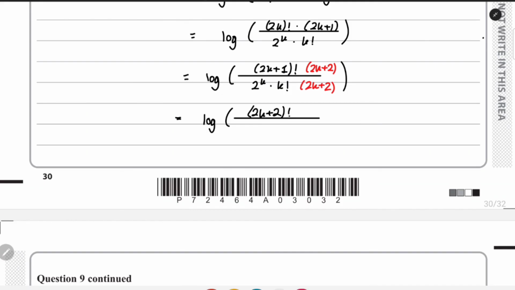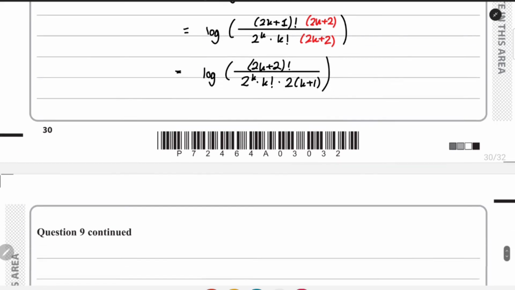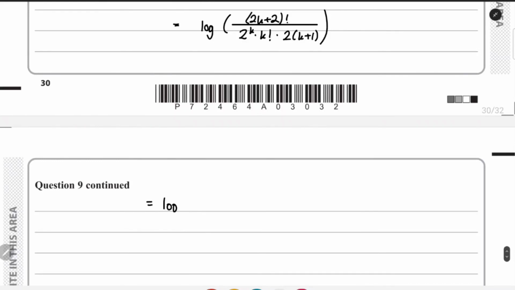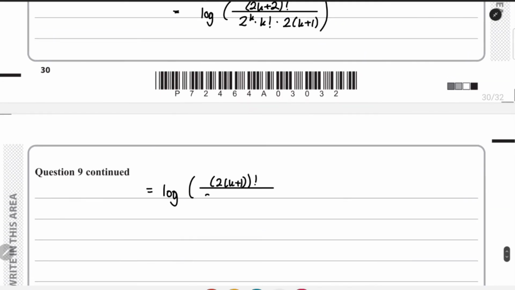And on the bottom, I have 2 to the power k times k factorial multiplied by 2k plus 2, and I can write 2k plus 2 as 2 times k plus 1. Now k plus 1 times k factorial is basically k plus 1 factorial. So if I continue with this, I have 2 times k plus 1 factorial on the top, and on the bottom we have 2 to the power k times k factorial times k plus 1, which is k plus 1 factorial, and I'm left with a 2 at the end.